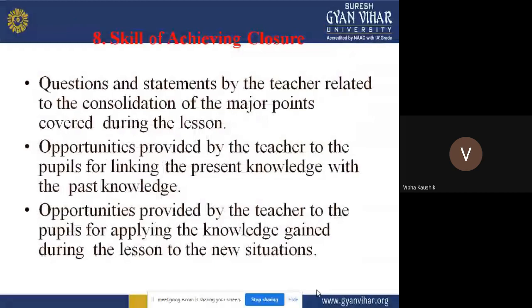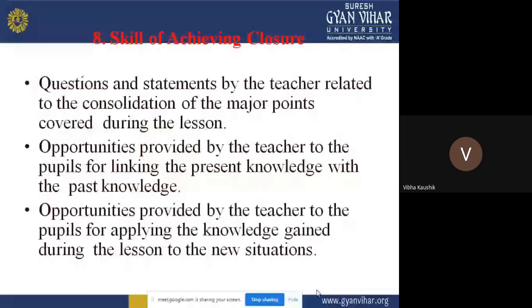Skill of achieving closure. Questions and statements by the teacher related to the consolidation of the major points covered during the lesson mean that the teacher now has to conclude the lesson. The teacher repeats the main points that occurred during the lesson.